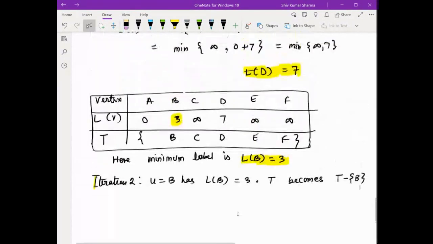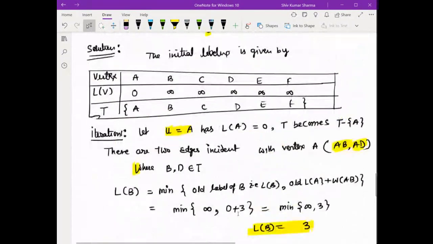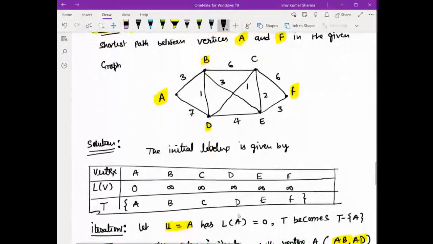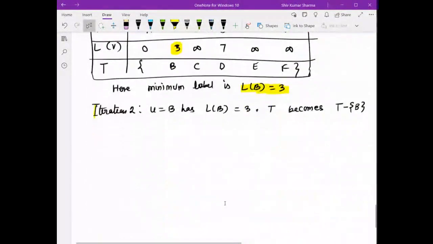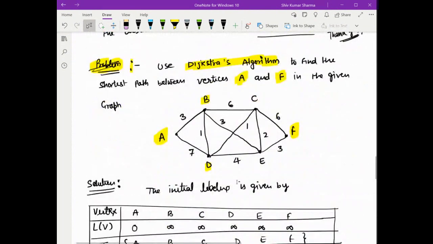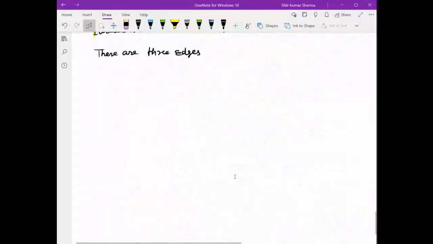So we see how many edges are incident with the vertex B. There are three edges incident with vertex B, that means BC, BD and BE.